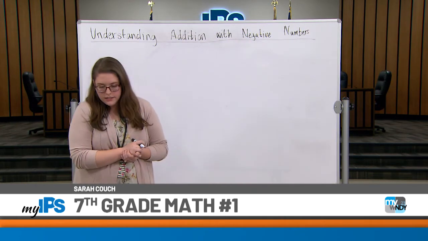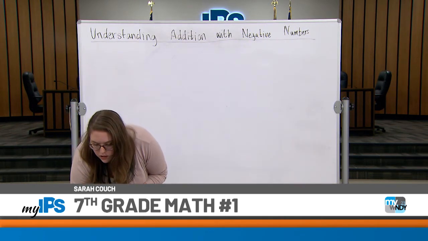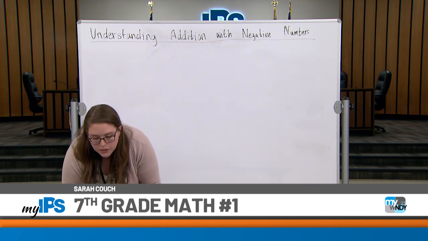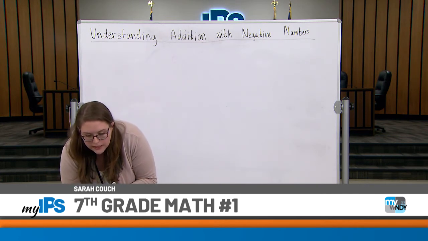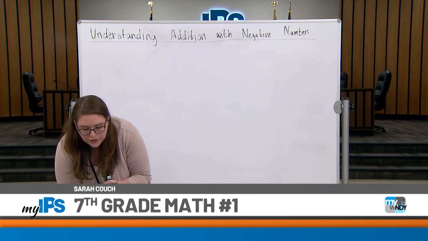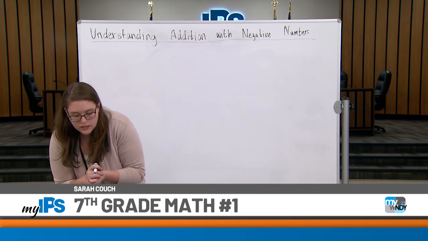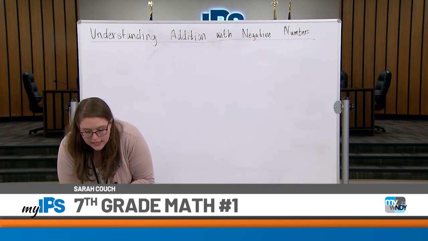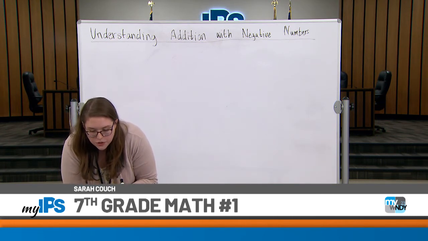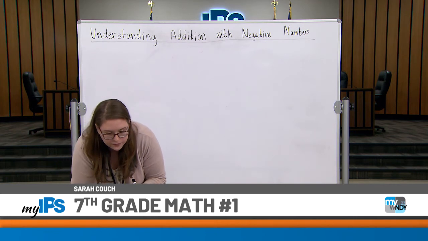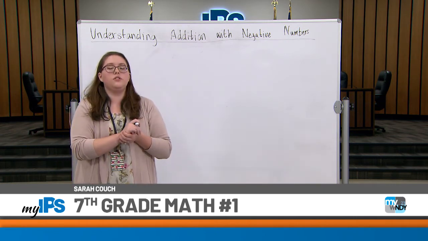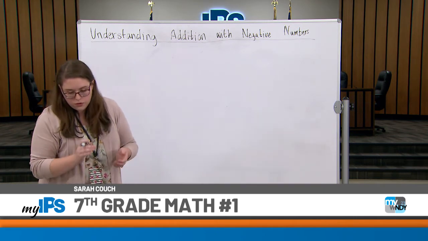All right, so let's look at problem number 1 on page 3. It reads, between the time Eco woke up and lunchtime, the temperature rose by 11 degrees. Then by the time he went to bed, the temperature dropped by 14 degrees. The first thing it asks us to do is write an addition expression for the temperature relative to when Eco woke up. So first thing I want you to do is on your paper, circle 2 phrases.